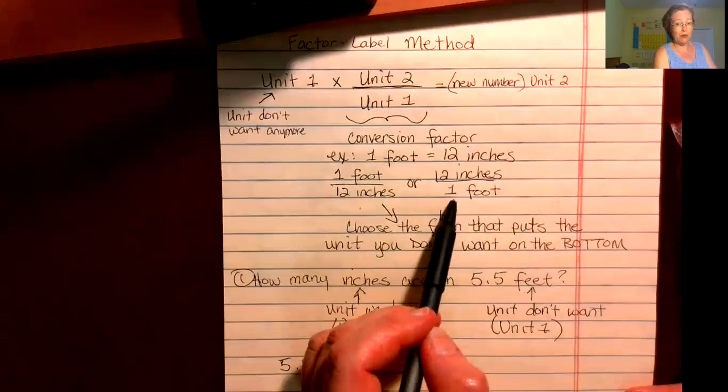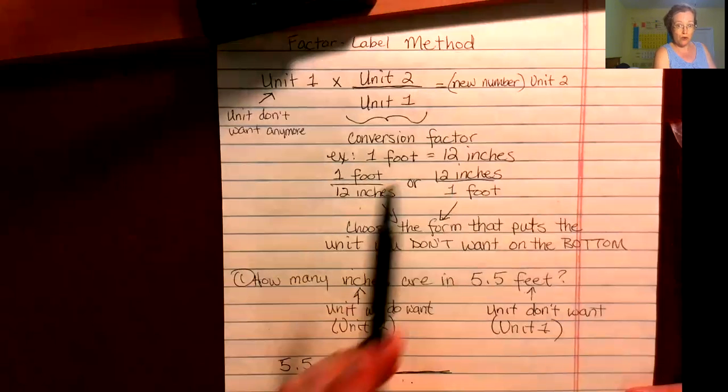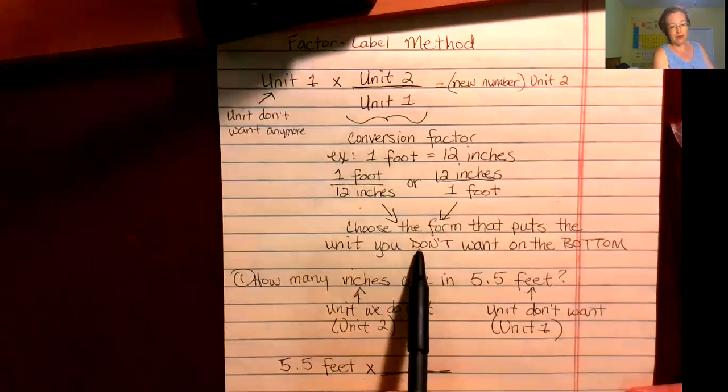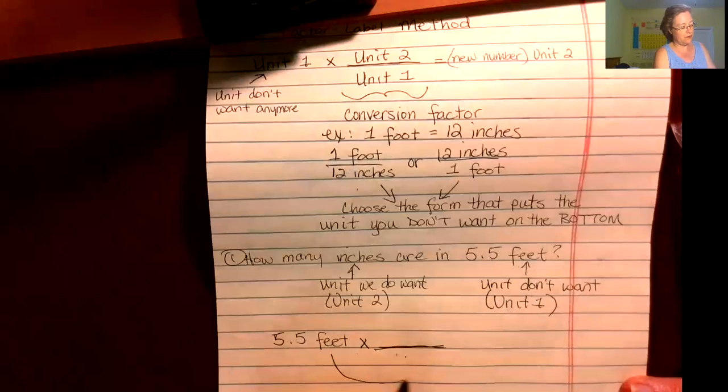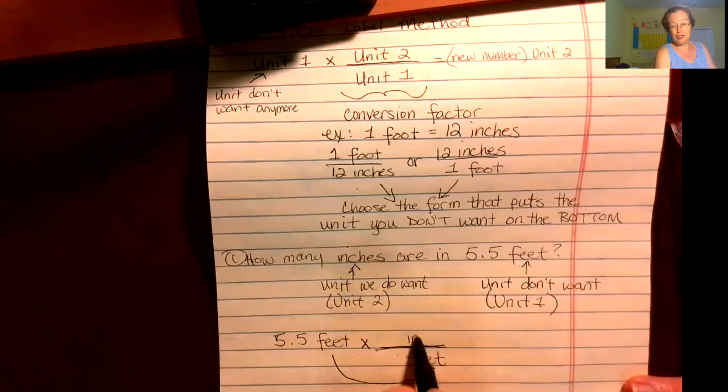With the factor label method, you choose the form that puts the unit you don't want on the bottom. So I'm going to take this unit that I don't want and put it down on the bottom. The unit I do want, I'm going to put on top. And this is how I typically do it. I start with just the units because the numbers kind of freak me out.